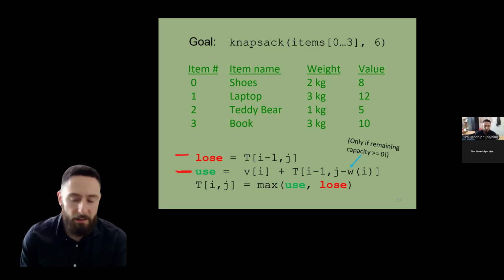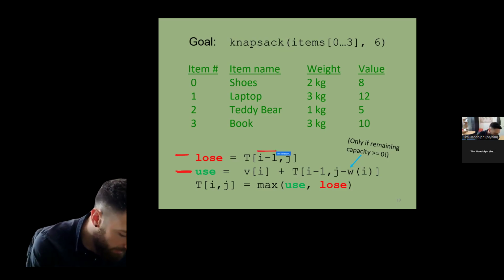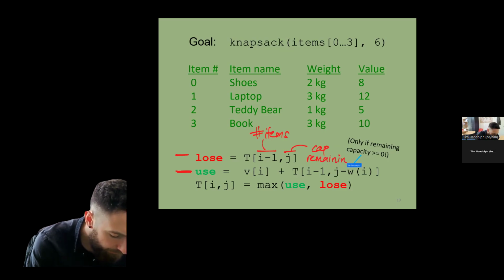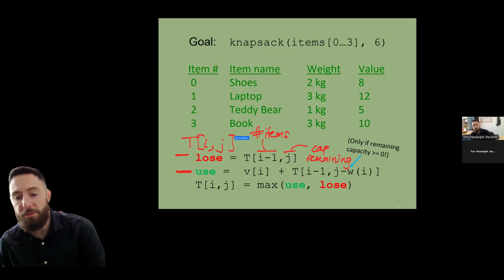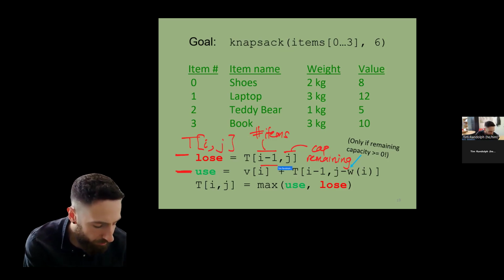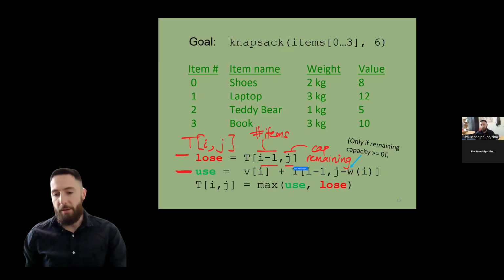So in particular, if we have a table indexed by the number of items and the capacity remaining, then if I want to figure out what's the best I can do with i items and j capacity remaining, the lose case will be the case in which I throw away an item and I don't lose any capacity.